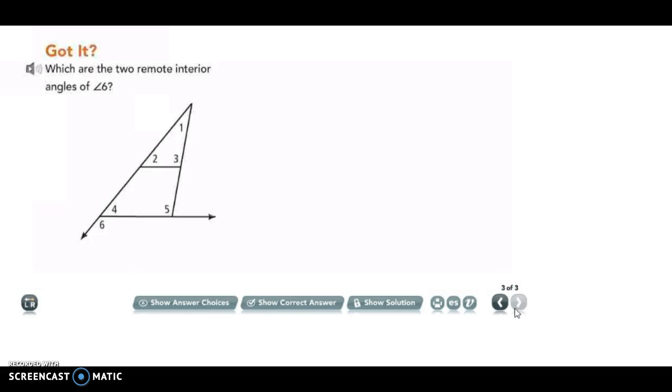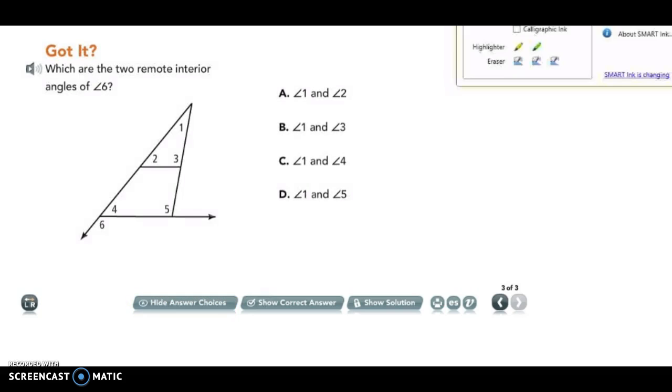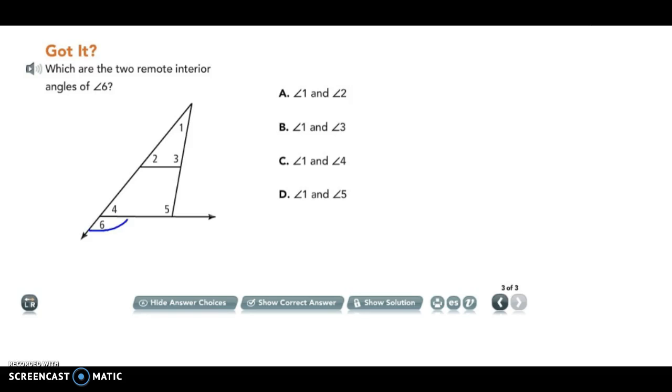Now we want to see which ones are the two remote interior angles of angle 6. The first thing we look at is where angle 6 is. The adjacent angle is angle 4. Those two are touching, so it cannot be remote. Remote is far away, like a remote control car, it does not have to be connected to you.